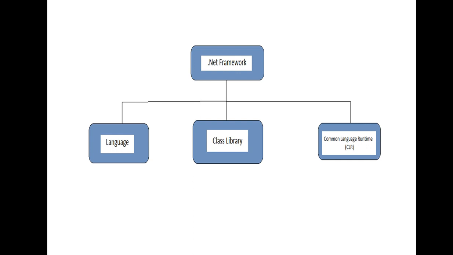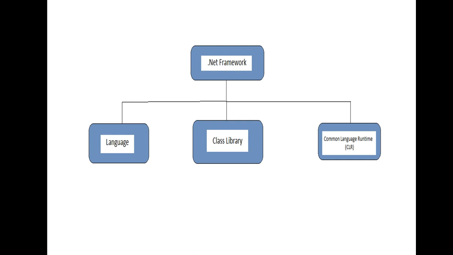Just remember this word, common language runtime, until it is very clear in your mind. This is a very important part of .NET technology, and we will discuss it briefly in a later session. For now, just remember the name: common language runtime, CLR for short.